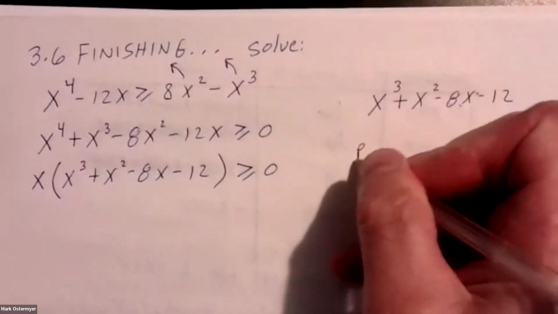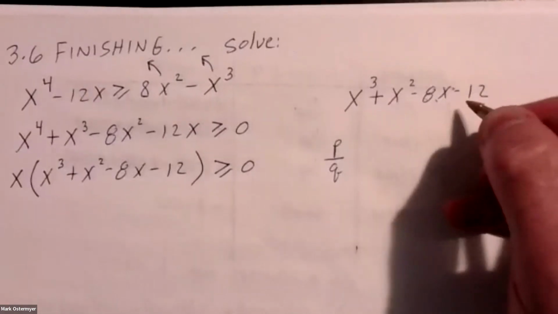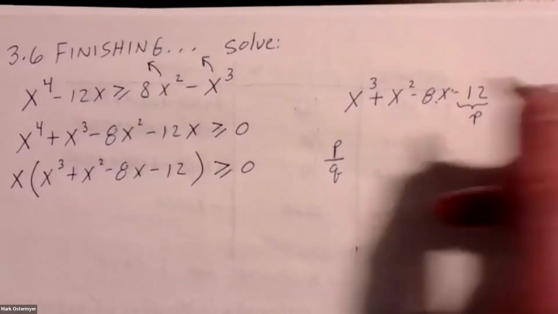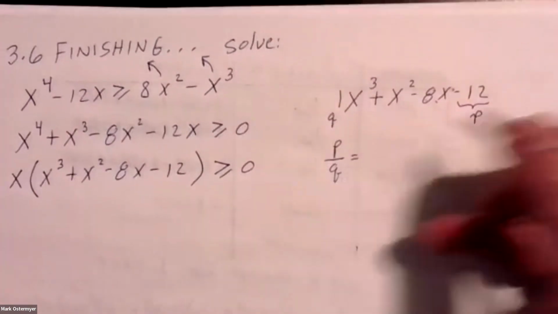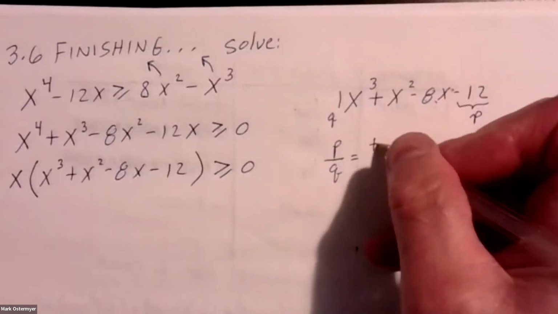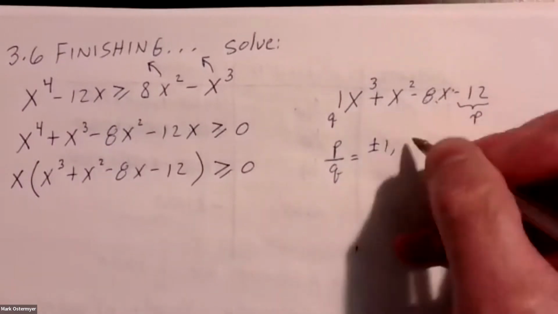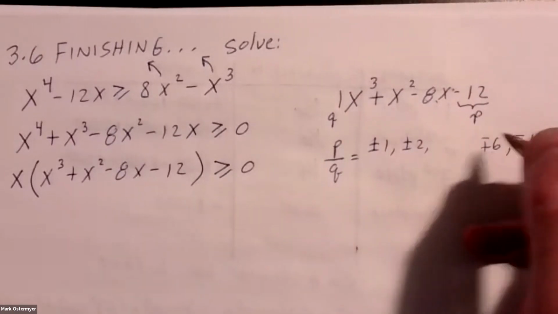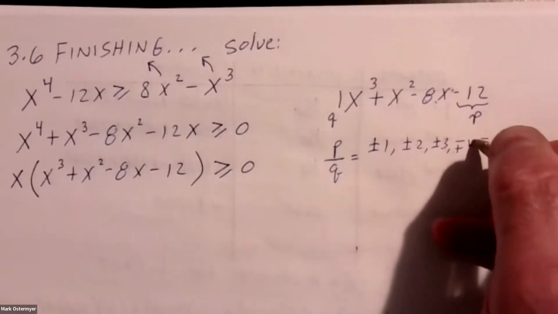I'm going to form my list of potential rational zeros according to the rational zero theorem. P represents factors of the constant term -12. Q are factors of the leading coefficient +1. Factors of -12 would be plus or minus 1, plus or minus 12, plus or minus 2, plus or minus 6, and plus or minus 3, and plus or minus 4.